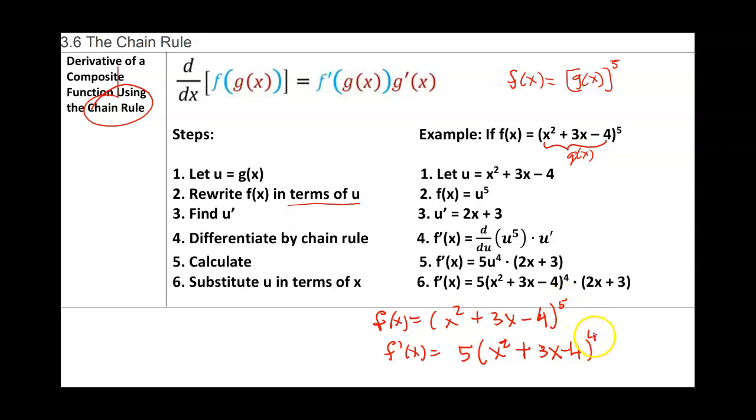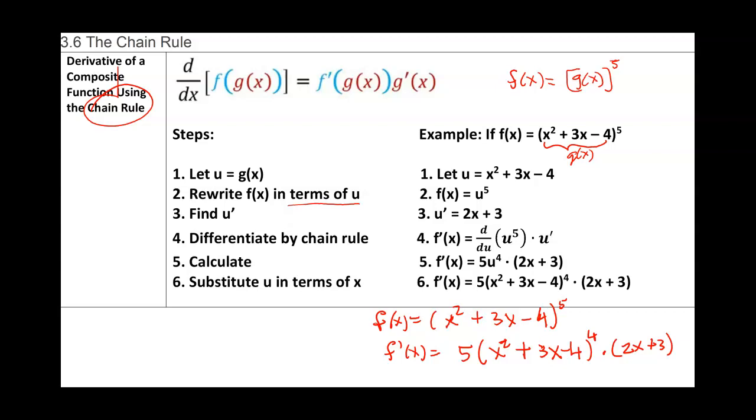But the one thing you have to keep in mind is when the parentheses contains a function as well, we have to multiply this by the derivative of the inner function. That's going to be 2x plus 3. Now, you can do it either way. You can do it using u substitution, or if you get it, you can just do it this way. It's entirely up to you.